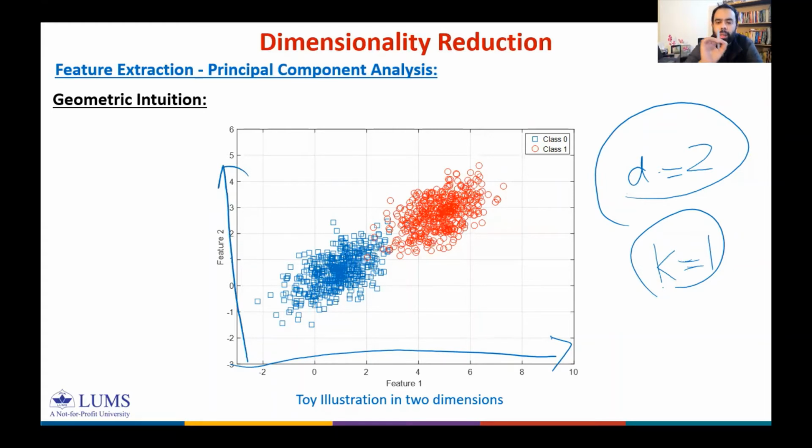Each data point has two components, projection on the x-axis and projection on the y-axis, and usually we use x1 and x2. This is the x1 direction and this is x2. We do not use x and y, instead we use x1 and x2. These are the standard bases, right? x1, x2 in a standard coordinate system.